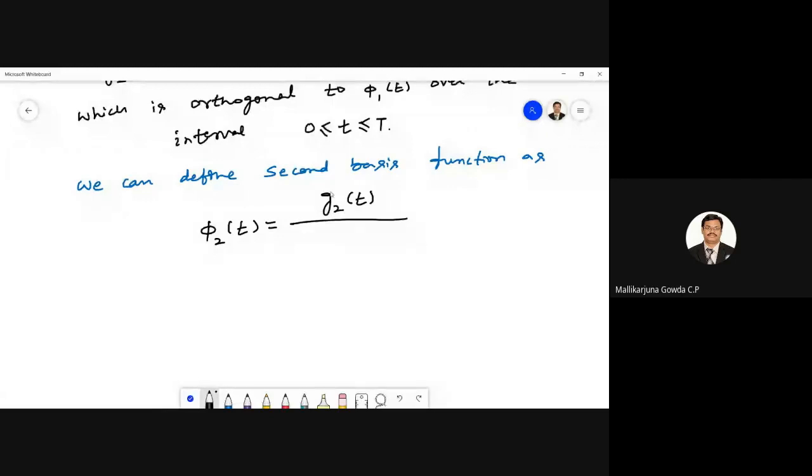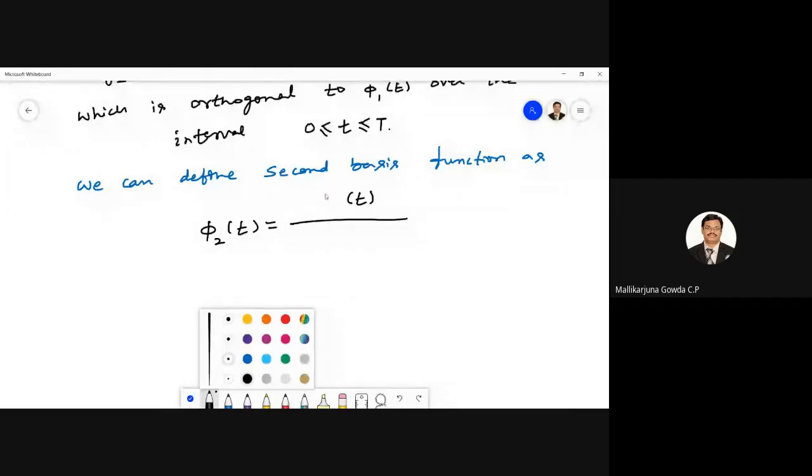I took the intermediate signal as G2 of t, which is equal to S2 of t minus S21 pi 1 of t. So I'm writing the second basis function with respect to that intermediate signal.